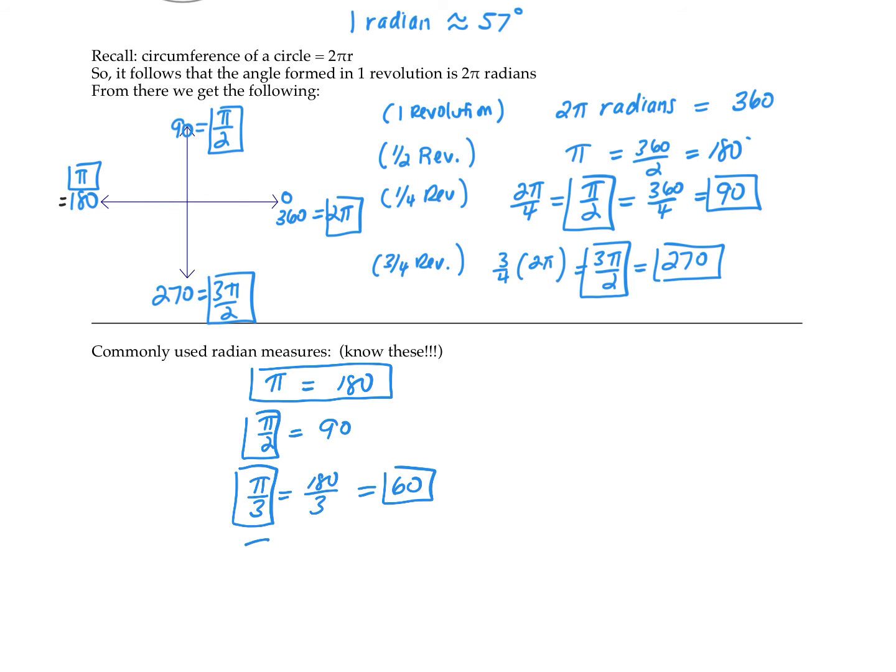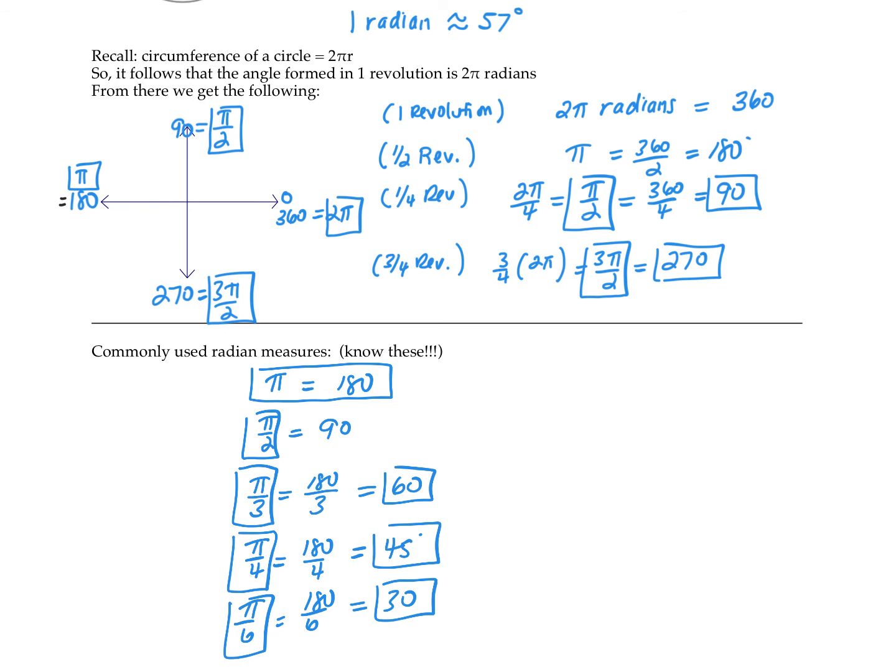If we did pi divided by 4, that would be 180 divided by 4, or 45 degrees. And then if we did pi over 6, that would be 180 divided by 6, which is 30 degrees. If we get to know these facts, again, it's going to help you out.